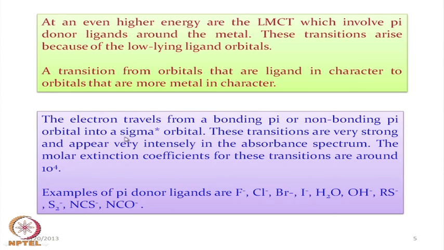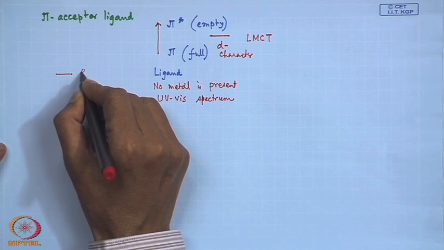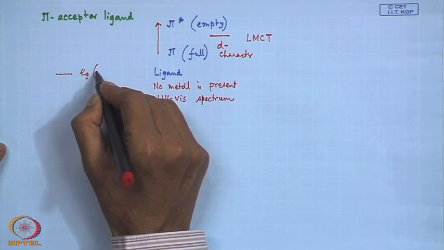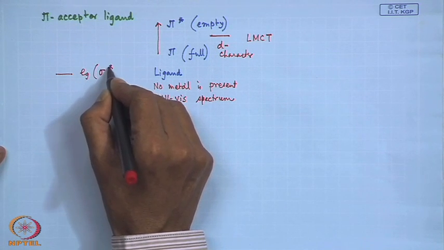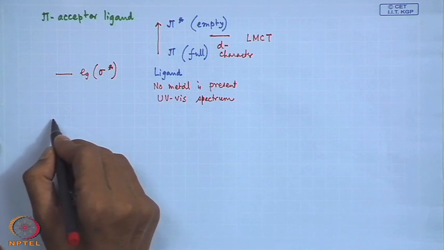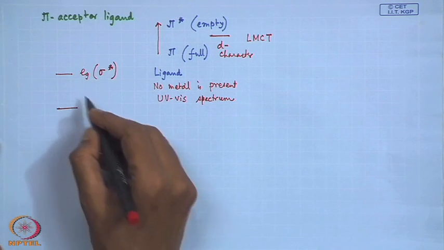So, in this particular case, the metal will be giving the sigma star orbital and the ligand is giving the corresponding pi and the pi star level. The corresponding level which we can designate as the Eg, but this can be considered as the corresponding sigma star level, and we can have the corresponding metal.